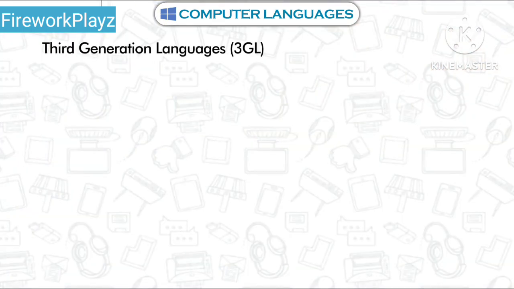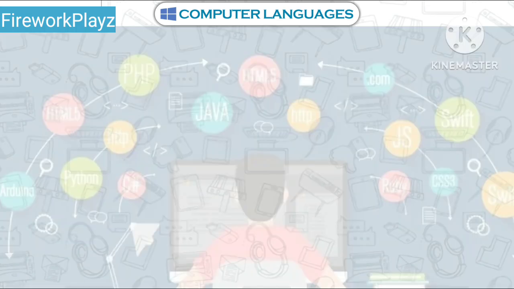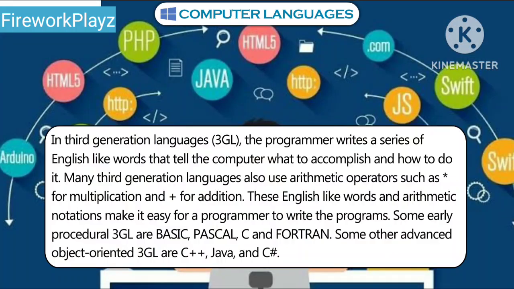Third generation languages, 3GL. In third-generation languages, the programmer writes a series of English-like words that tell the computer what to accomplish and how to do it. Many third-generation languages also use arithmetic operators such as star for multiplication and plus for addition.